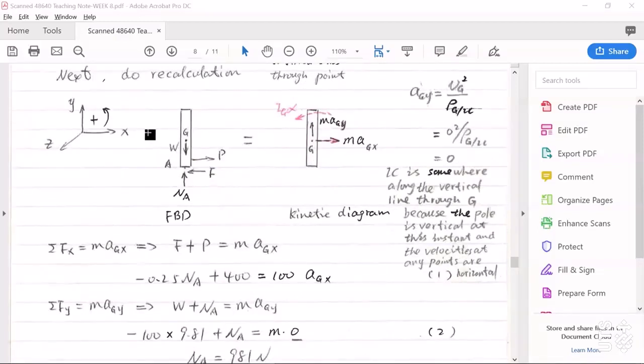Now we redraw the free body diagram and the kinetic diagram. We still use this xy coordinate system. In this free body diagram, weight force, external force, reaction force at point A, and kinetic friction force F. In this kinetic diagram, we still assume this angular acceleration alpha counterclockwise positive.